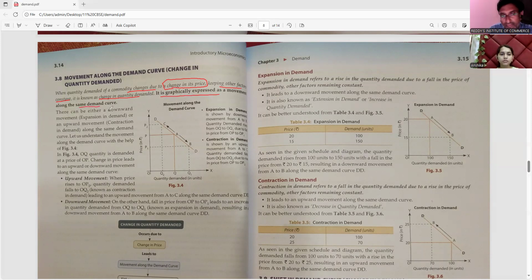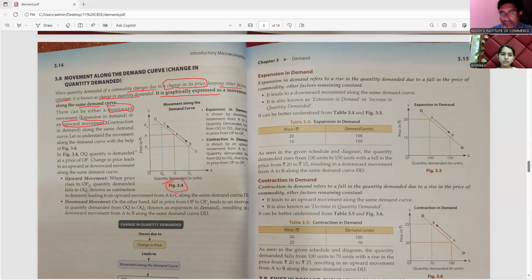It is represented graphically as a movement along the same demand curve. There can be either a downward movement or an upward movement. Let us understand the movement along the demand curve with the help of figure 3.1. Let me show this diagram.